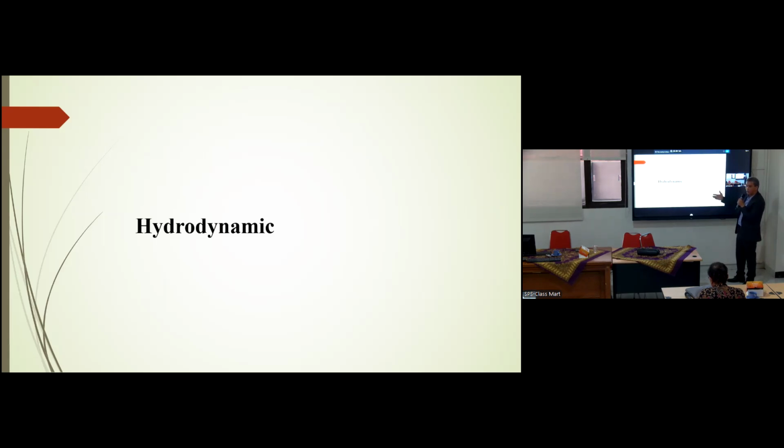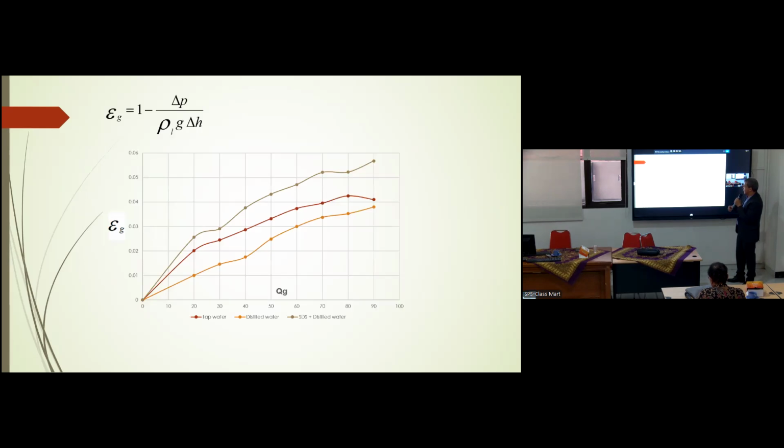Now, what about hydrodynamics, the presence of gas? I explained epsilon G is the percentage of gas. For distilled water, versus flow rate, this increases but is less than, for example, tap water.